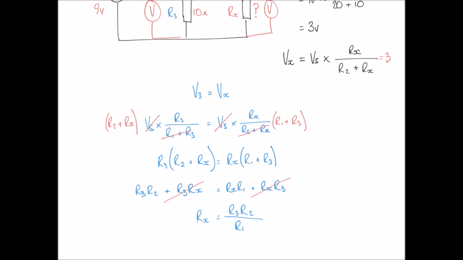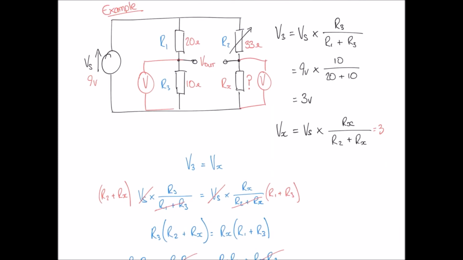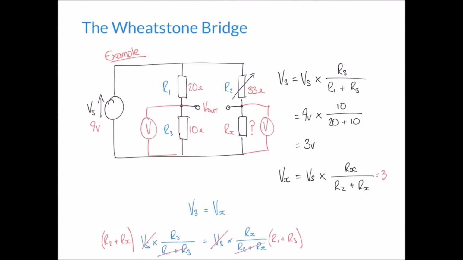Let's go back now to our example above, because we said that we'd balanced our circuit and we'd found that in order to balance it, this resistor here needed to be at 33 ohms. It was a variable resistor.